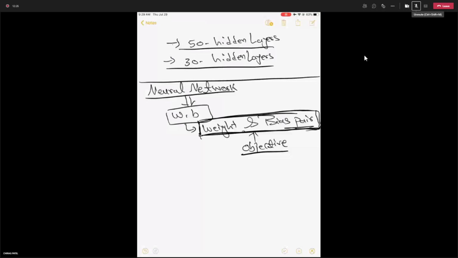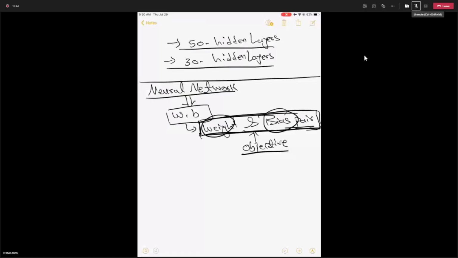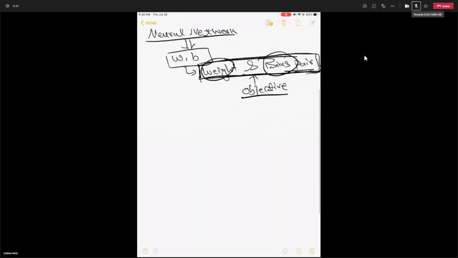Because if you change your weight and bias, your separating boundary will change its orientation, angle, intercept, everything. Please understand this. If I find this weight and bias best, then I definitely get good classification accuracy.